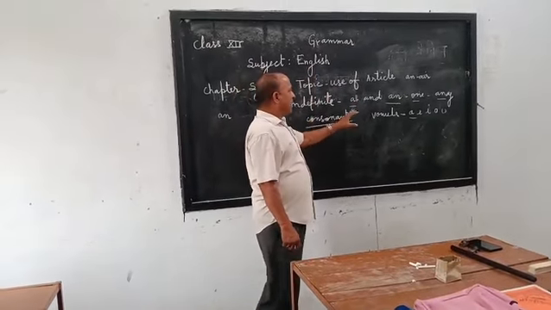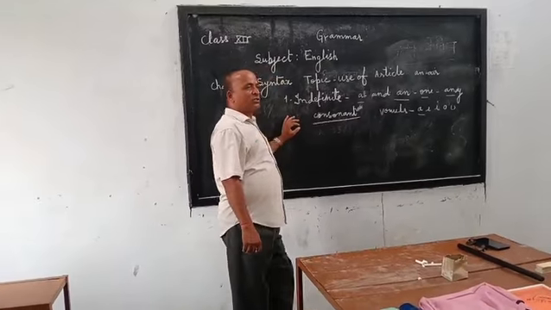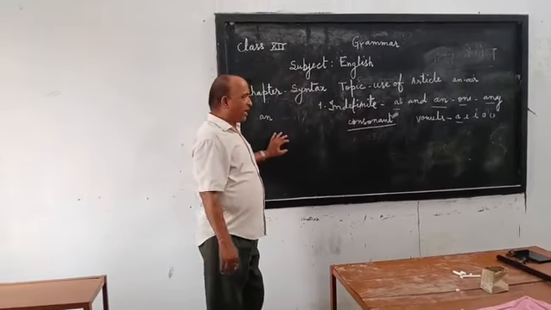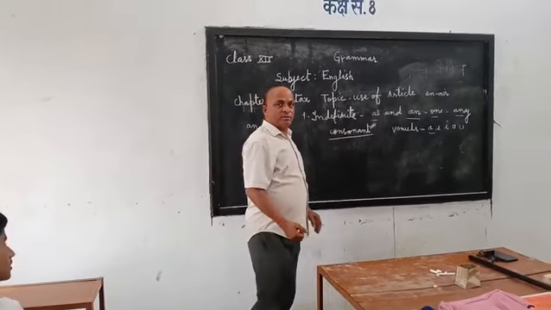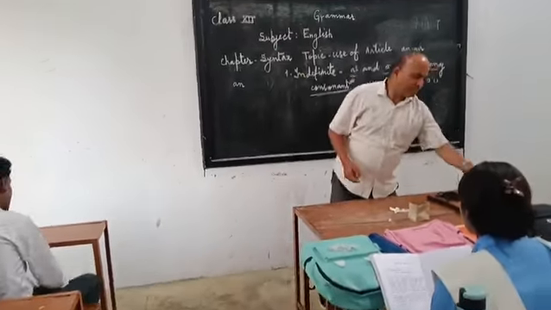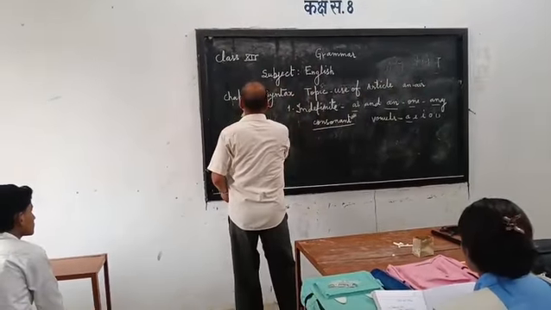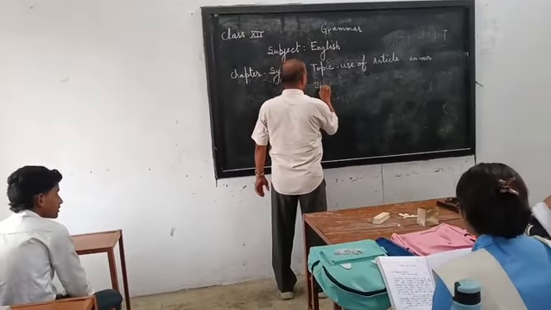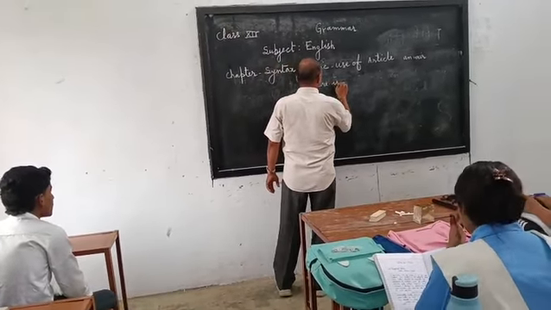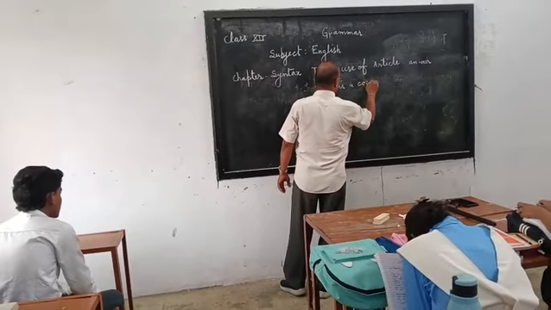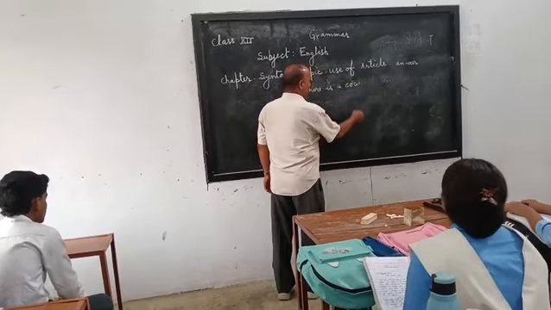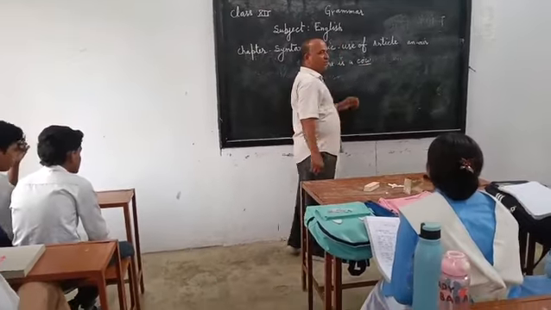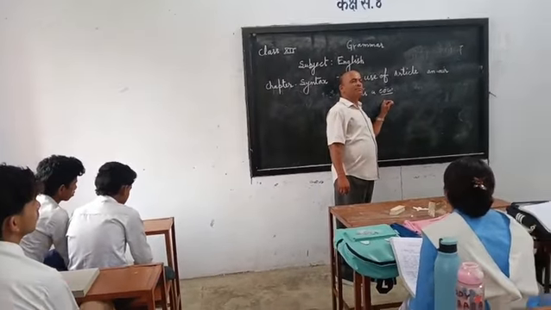Whereas a and an denote the meaning one or any. For example, as you are making a sentence, there is a cow. If it changes in number, cows.